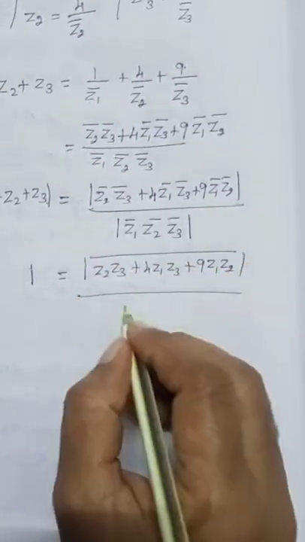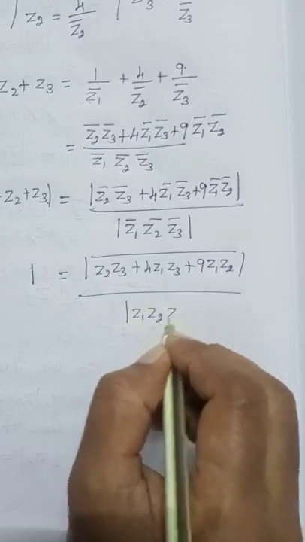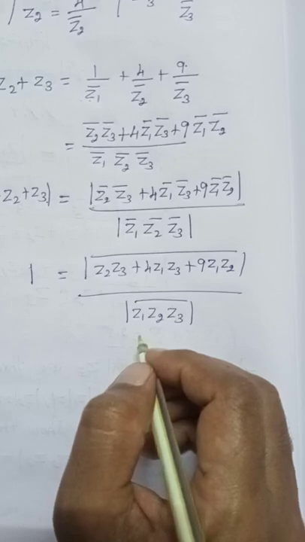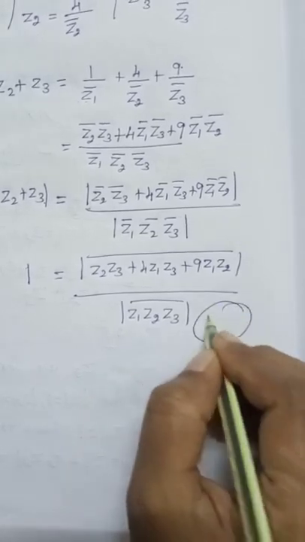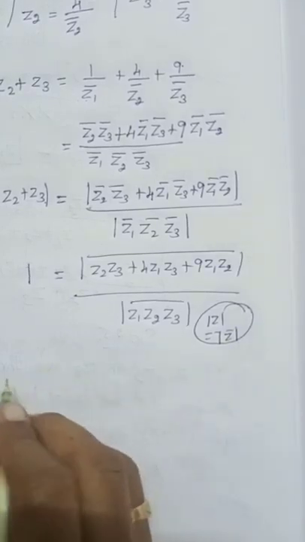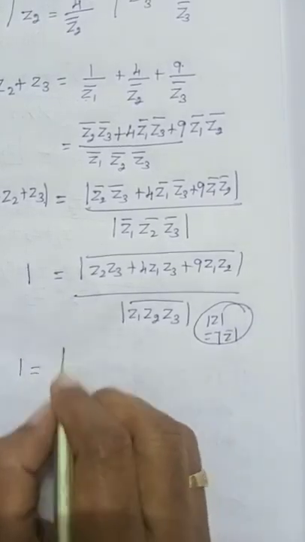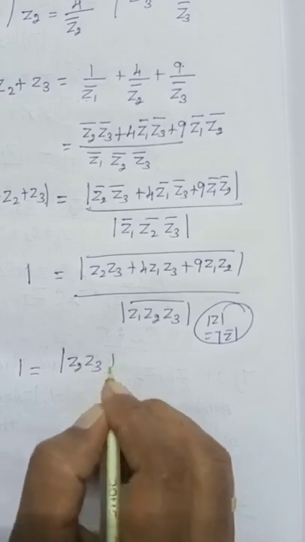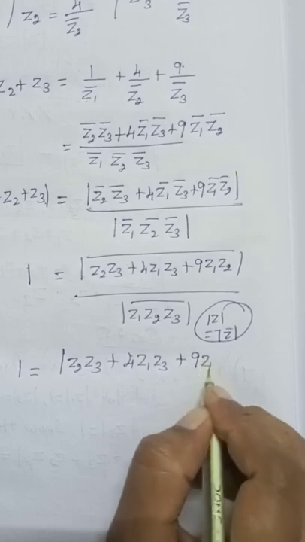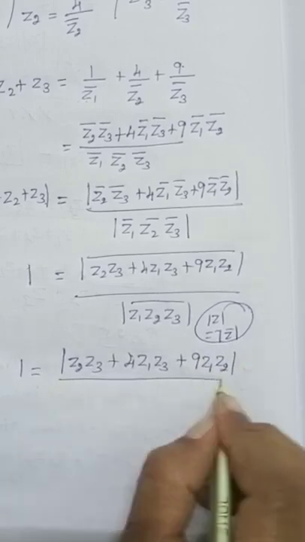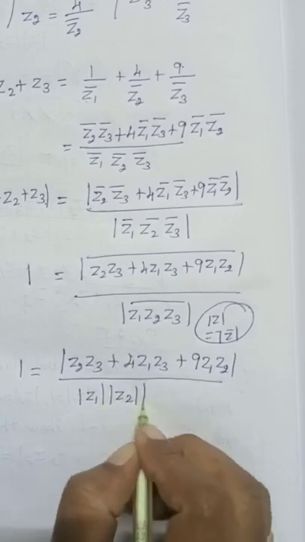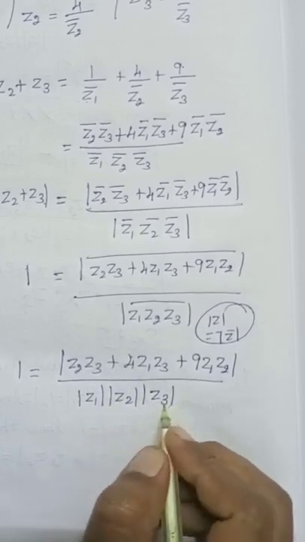Same way the denominator also modulus Z1 Z2 Z3 the whole bar. Okay. Now as per the condition, modulus Z is equal to modulus Z bar. We can write it 1 equal to modulus Z2 Z3 plus 4 into Z1 Z3 plus 9 into Z1 Z2 divided by modulus Z1 into modulus Z2 into modulus Z3.